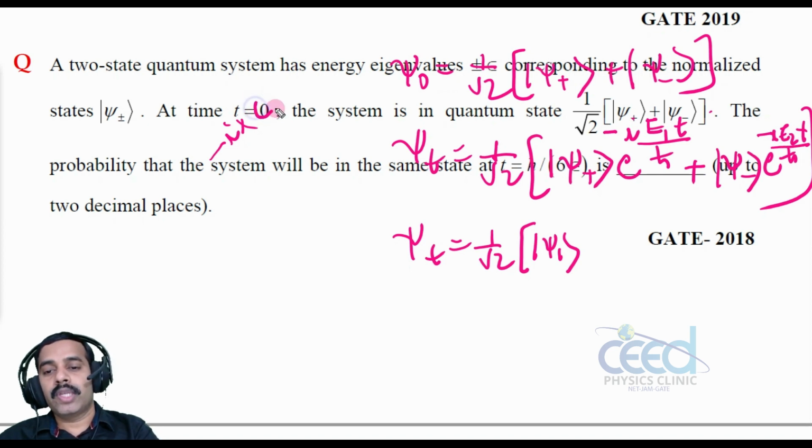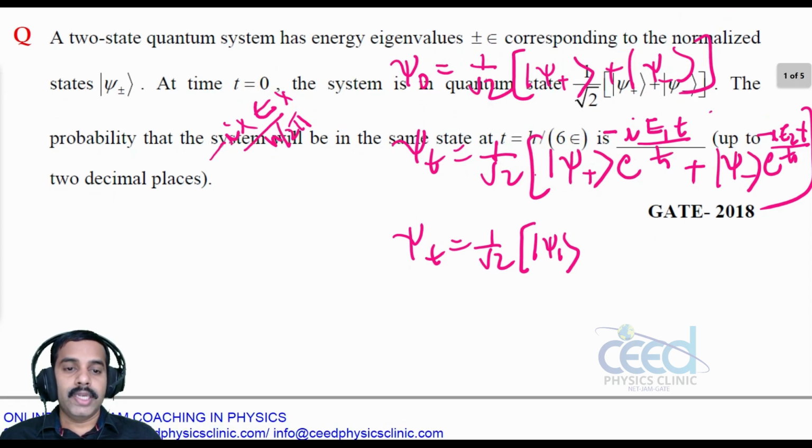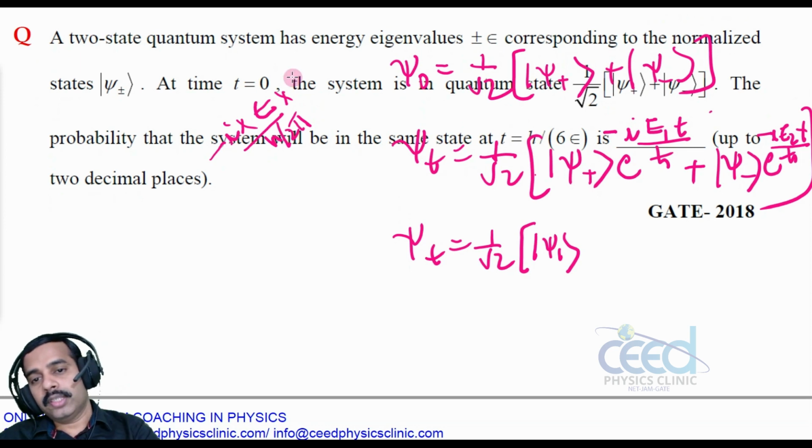So epsilon/ħ is 2π/h, into this time given in the question, that is h by 6 epsilon. Let me check this value. It is h by 6 epsilon, right? So let me write this as time is equal to h by 6 epsilon.